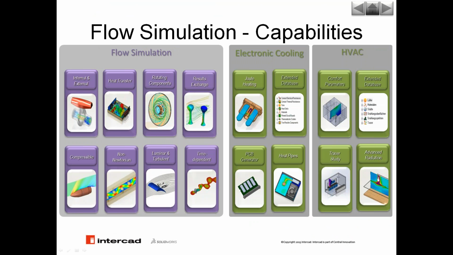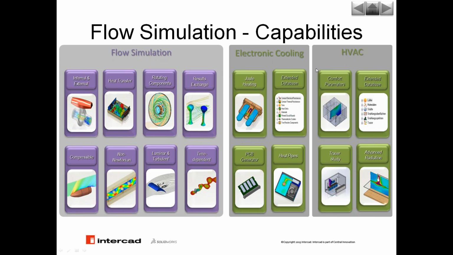Just as a wrap up, Flow Simulation is an add-in. It can do multiple things such as internal and external flow, heat transfer, and other applications. It could also specifically go for electronic cooling module and HVAC studies, where you're accessing a very large database of materials in our flow simulation package.